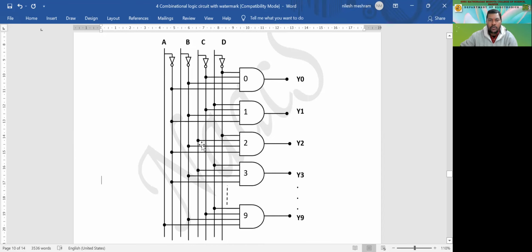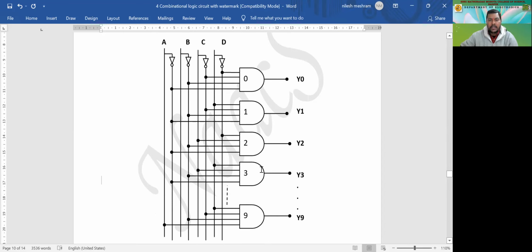Similarly, for say 2, only C will become high and the others will remain 0. So A, B, C, D in 0 0 1 0 will be the input, and I expect that the AND gate number 2 will be enabled, and the output will be Y2. Similarly, for 3, I guess C and D will remain high.